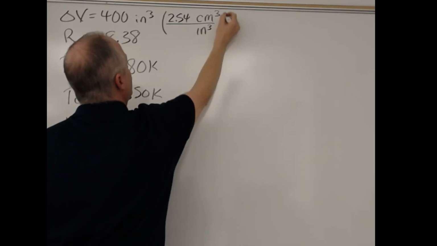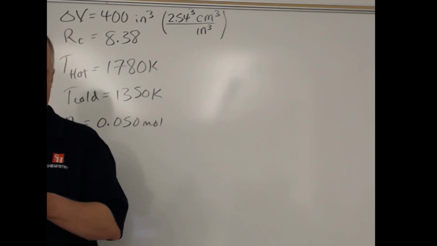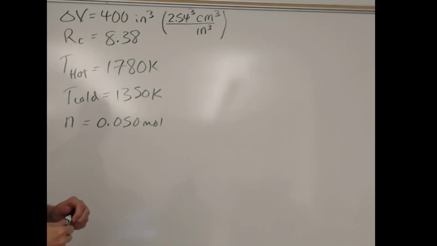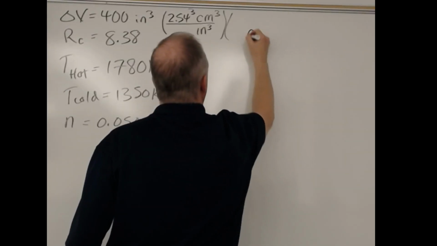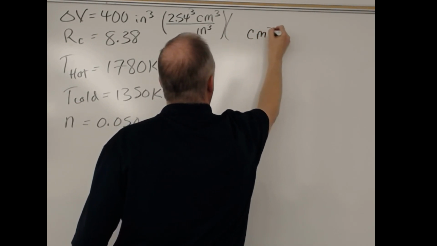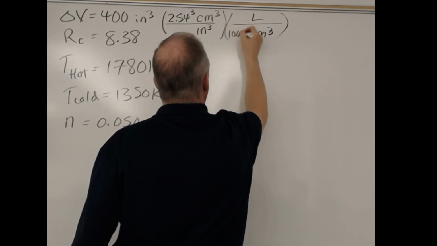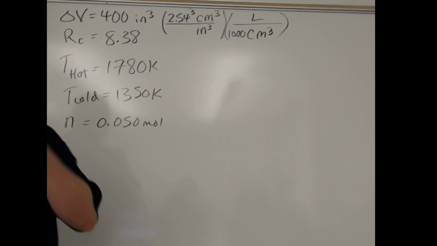But this is cubed, so we cube that too. And so that will get us to centimeters cubed. And we want to get to liters, so we need 1,000 of those. So 1,000 cubic centimeters per liter.